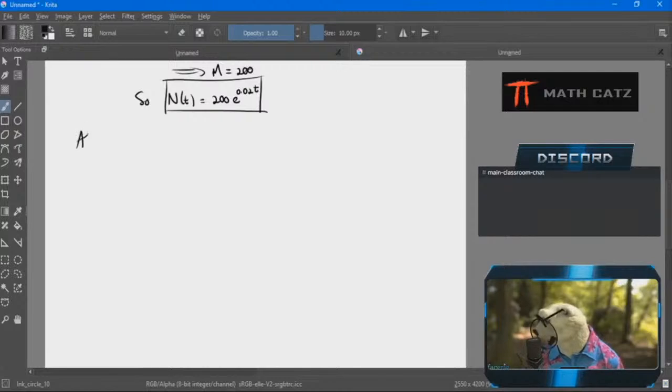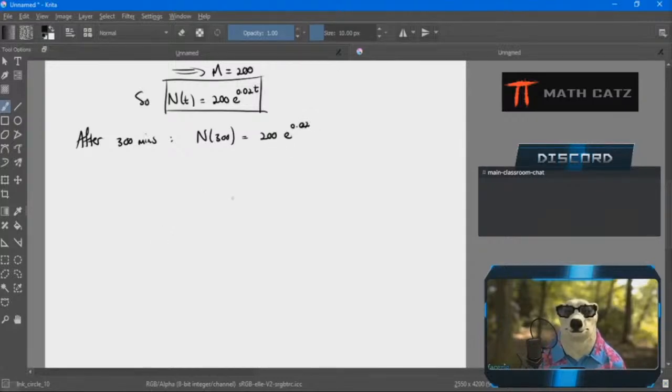So now after 300 minutes, we have n of 300. And so we plug that in. We have a couple of basic questions. First one is, I have my function here. Given a time value, what's the population?